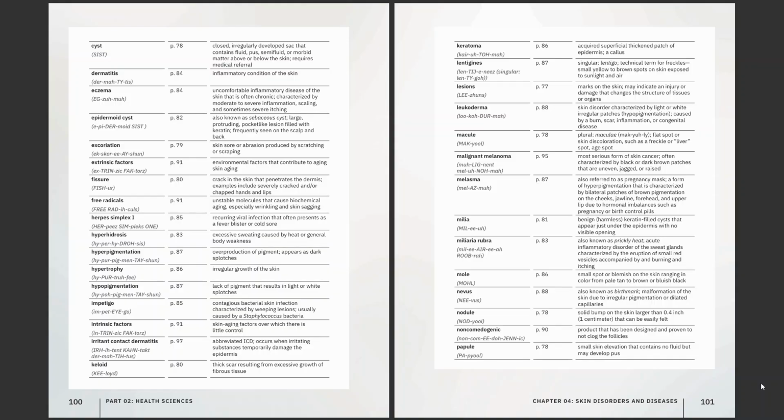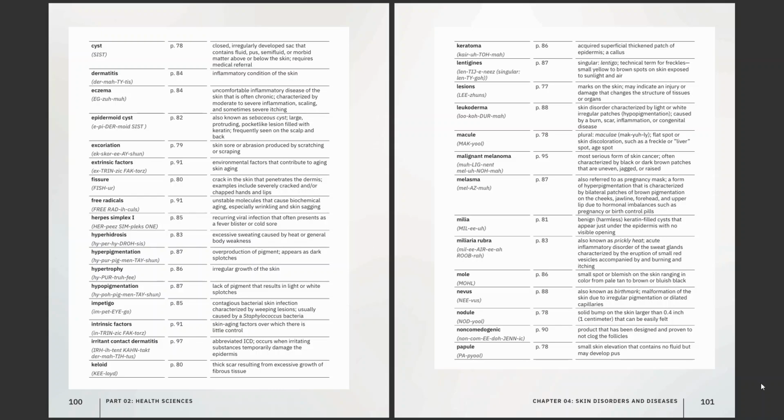Miliaria rubra, also known as prickly heat, acute inflammatory disorder of the sweat glands characterized by the eruption of small red vesicles accompanied by burning and itching.